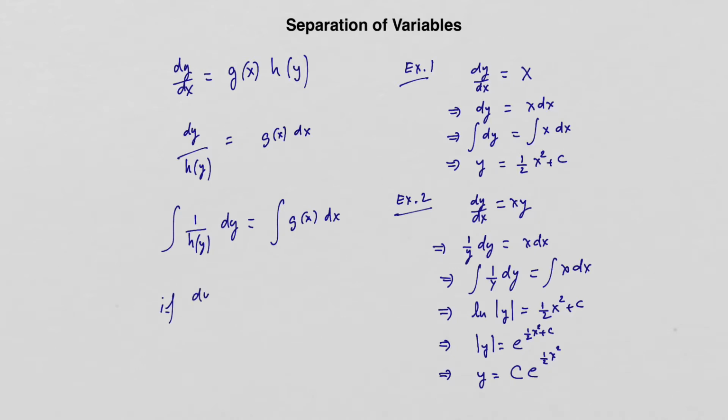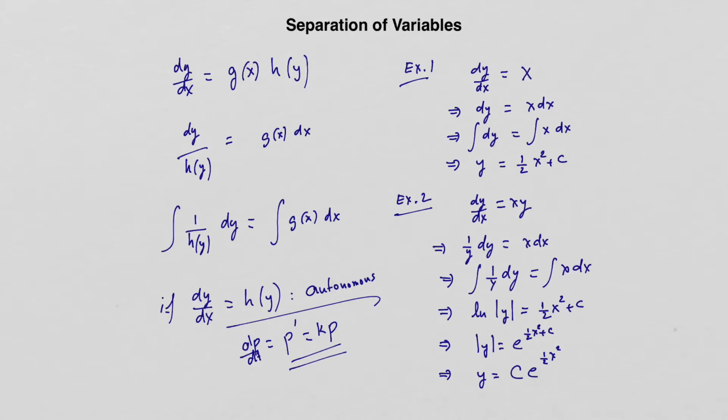If dy/dx equals h of y, we call this autonomous. Okay, so this function dP/dt, which we call P prime, equals kP, that is an autonomous separable equation.